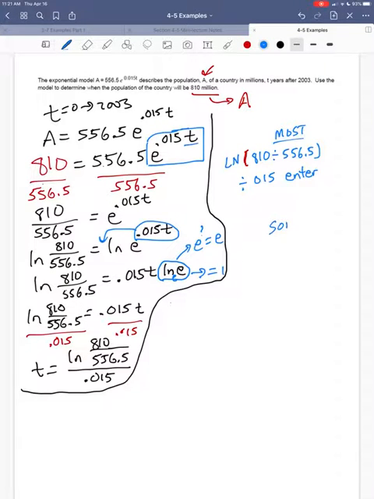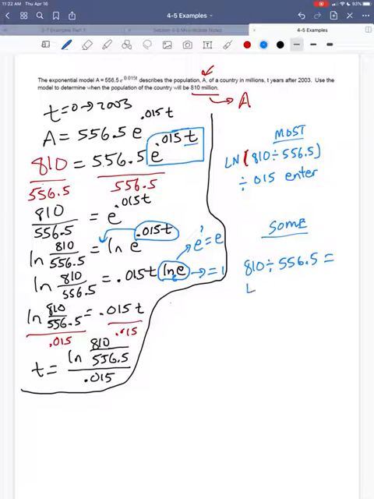Some calculators, you have to enter what you're taking the natural log of first. So for that, when you're evaluating this expression, I don't want to start with the natural log button. I want to get this result in the display before I hit the natural log button. So I'm going to take 810 divided by 556.5 and then hit equals.